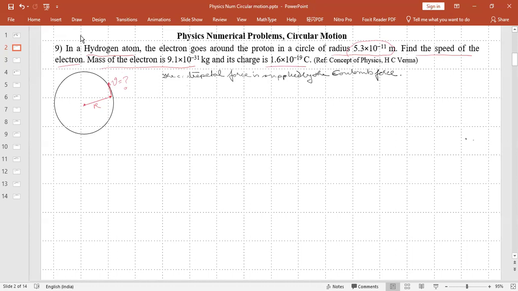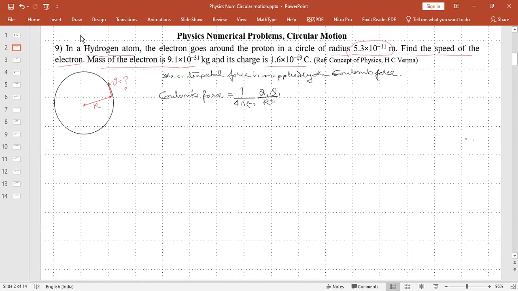Now, remember the equation, Coulomb force is equal to 1 by 4 pi epsilon 0 times Q1, Q2 by R square. Q1 is one charge, Q2 is another charge, R is the distance between them.